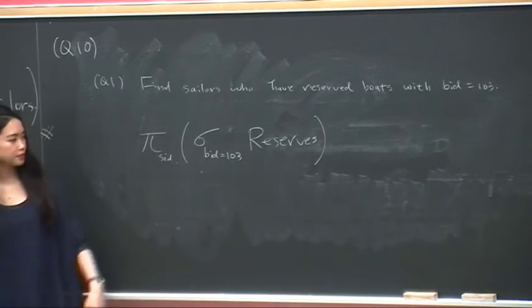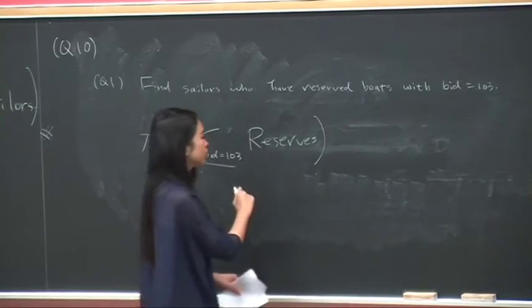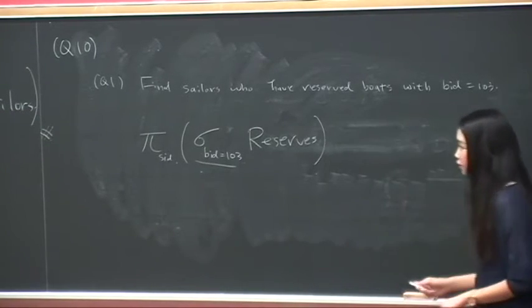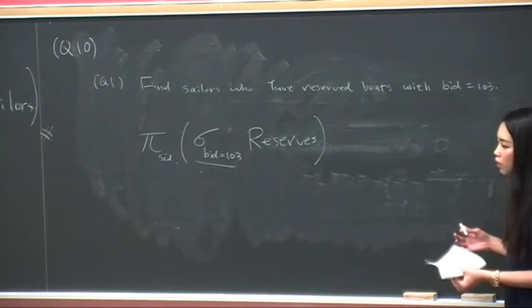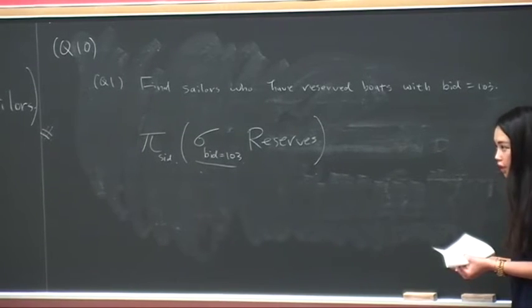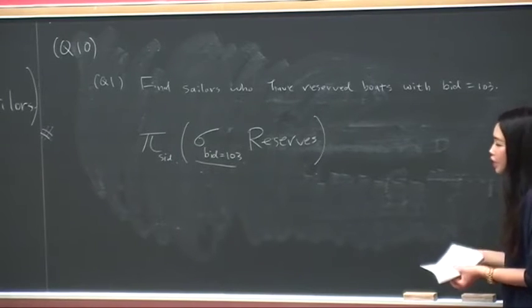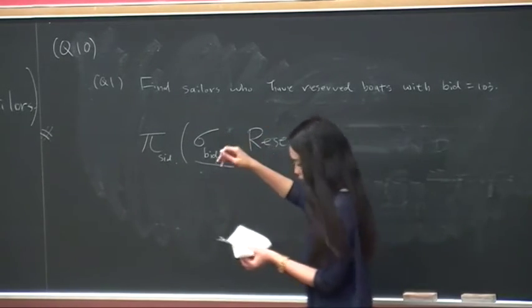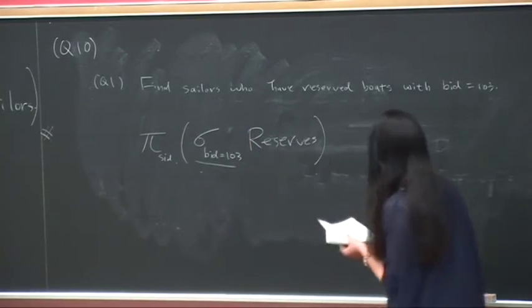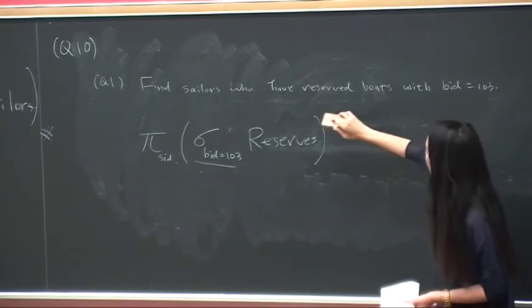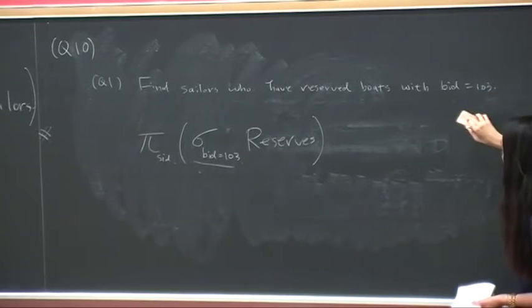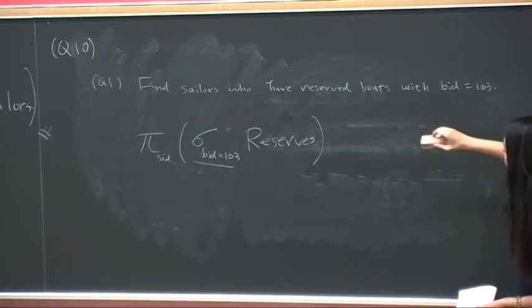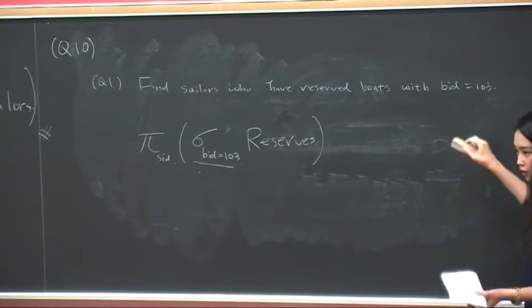Because this is unique, there's no such problem as finding those who reserve all of the boats that have ID 103. But question 10 is different. We change find sailors who have reserved boats with BID equal to 103 into reserved boats with name equal to Interlake.